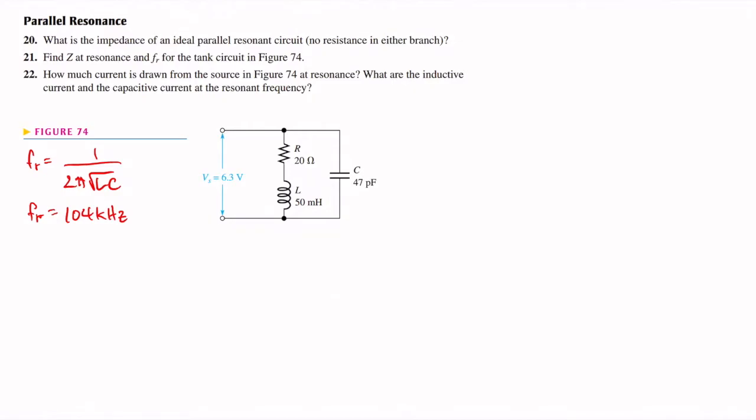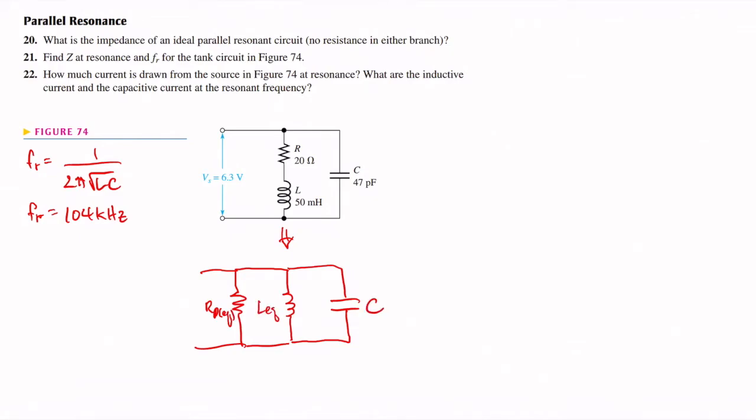So in order to do that, we first need to convert this circuit into this parallel RLC circuit, where this new resistance is then Rp equivalent, this new inductance is L equivalent, and the capacitance is still the original C. So we still have 6.3 volts at the input.